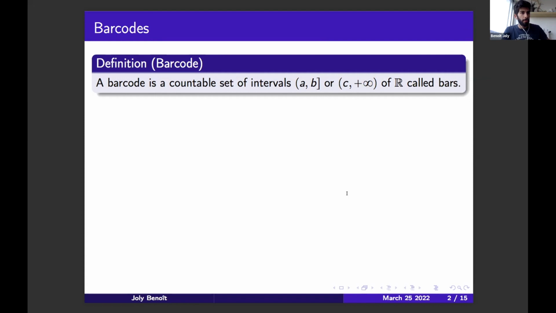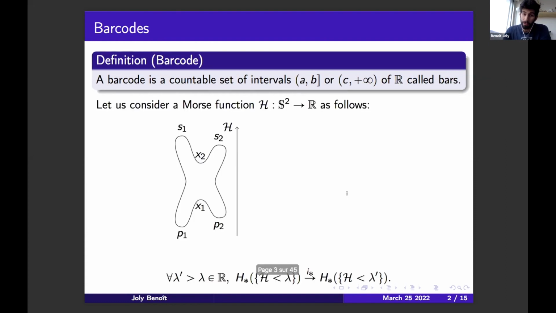So when you take the homological definition of the barcode, the first example you want to compute is generally the barcode of a Morse function. So let's just take a Morse function defined on the sphere like that. What we want to do is to look at the sublevels of our Morse function h and how sublevels include into higher sublevels homologically.